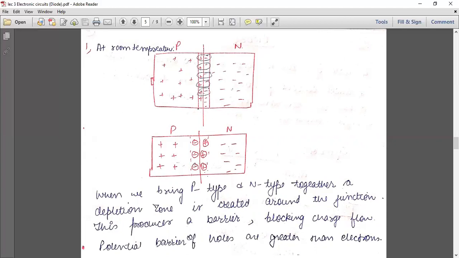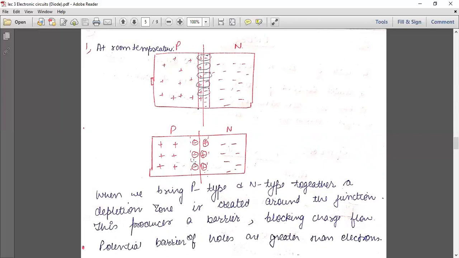So what happened nearby the junction? These holes are attracted by the electrons and they form a covalent bond and release energy in the form of heat or light. Okay, so what happened? They form a region that is known as the depletion region, where all the holes and all the electrons are depleted and where negative ions and positive ions appear.